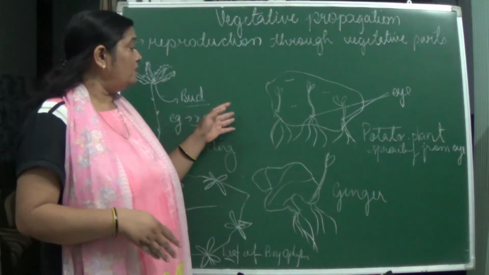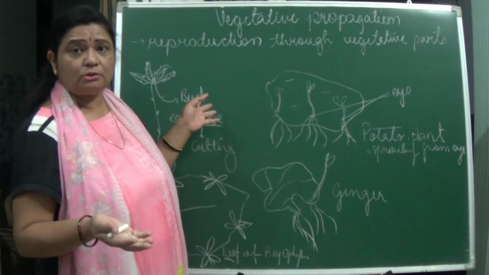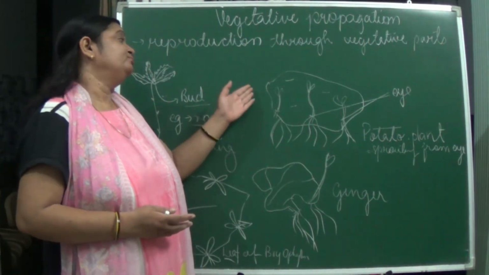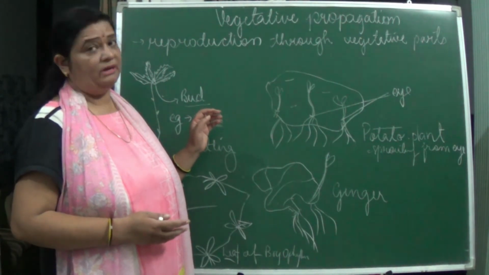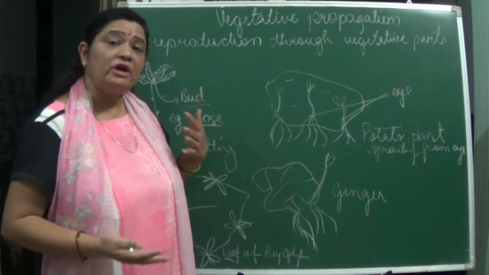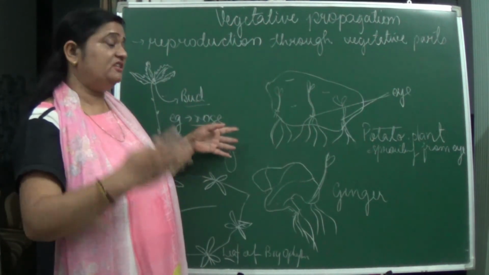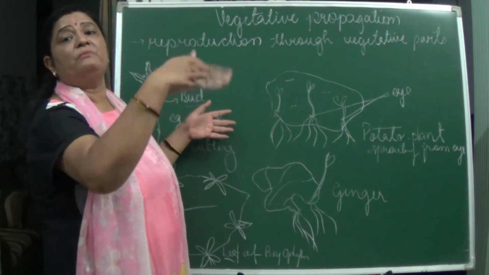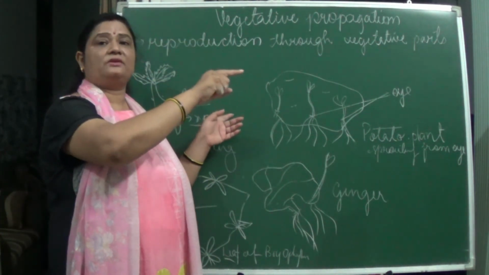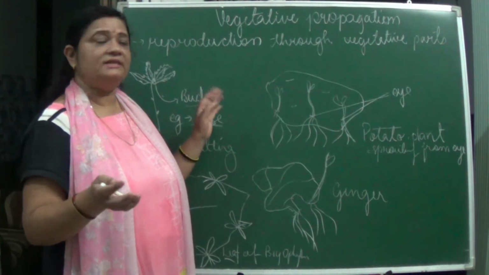But it is not that those plants are not having flowers. Sometimes they are having flowers also. Then also they carry on with the help of what? Vegetative propagation only, multiplication. Why? Because in flowers it is not so effective as that of vegetative propagation. By vegetative propagation they can multiply more fastly those plants rather than waiting for the seasons of the flowers to bloom up and then fertilization taking place and then growing.